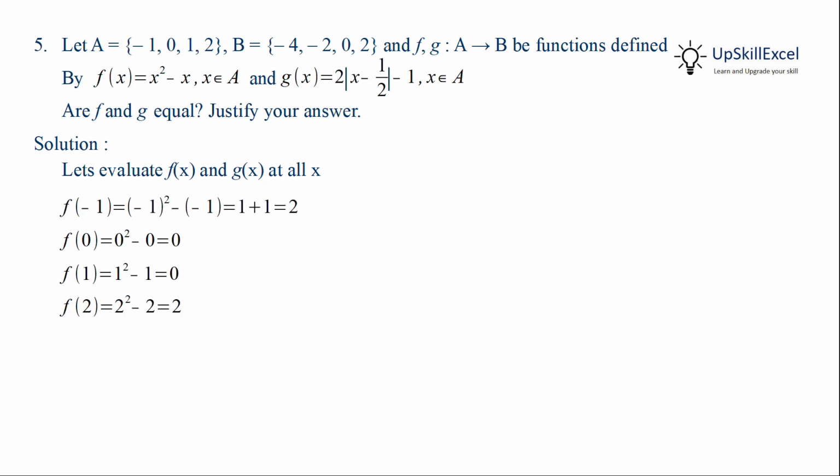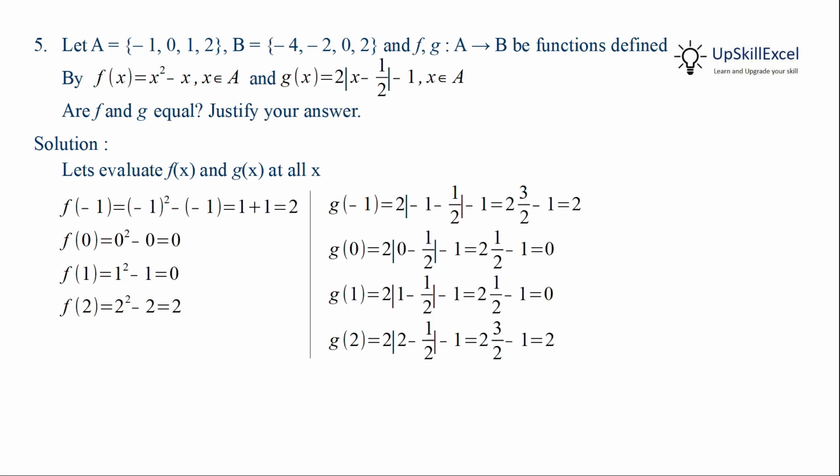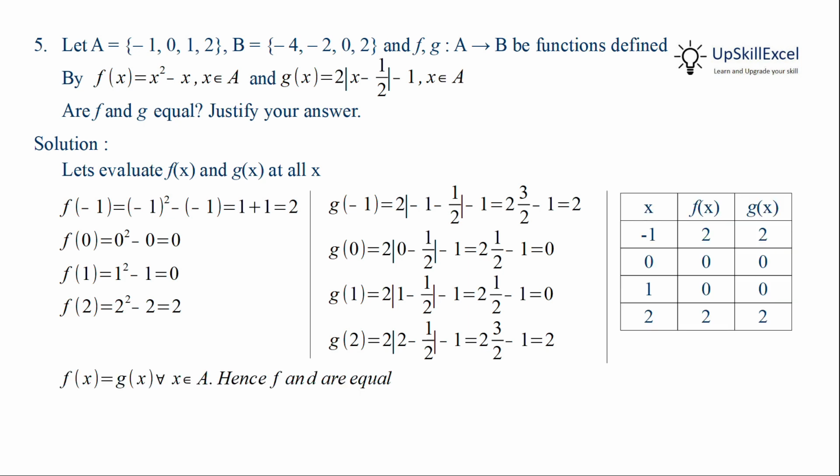So we get f of minus 1 equal to 2, f of 0 and f of 1 are 0, and f of 2 is equal to 2. For function g, g of minus 1 is also equal to 2, g of 0 and g of 1 are the same as f of 0 and f of 1, and g of 2 is also equal to f of 2. So from the table we see that f of x and g of x are equal at all x, hence f and g are equal.